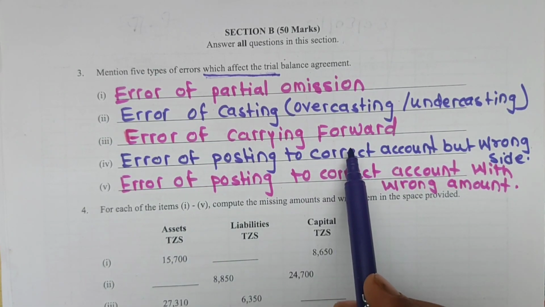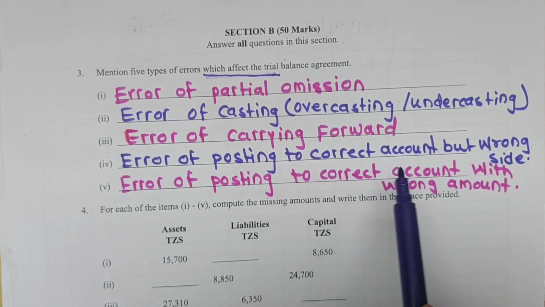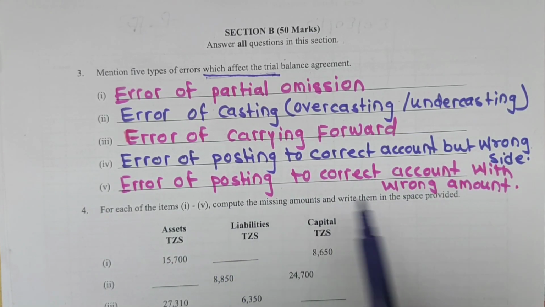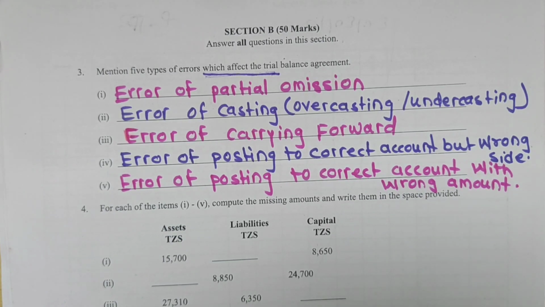Error of carrying forward, error of posting to correct account but wrong side, and error of posting to correct account with wrong amount. Okay, so let's repeat again.